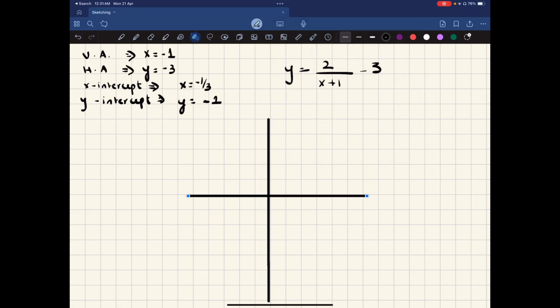Okay. So x equals negative 1 is going to be here somewhere. Okay. y equals negative 3.